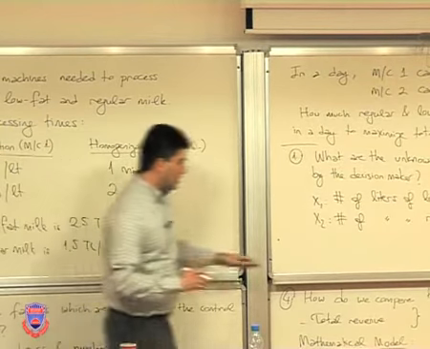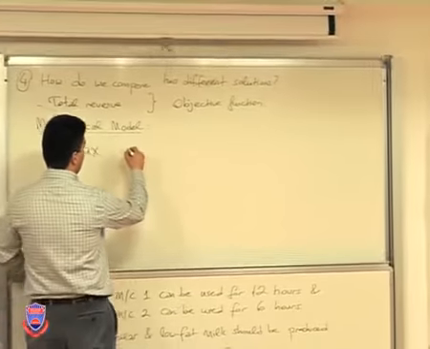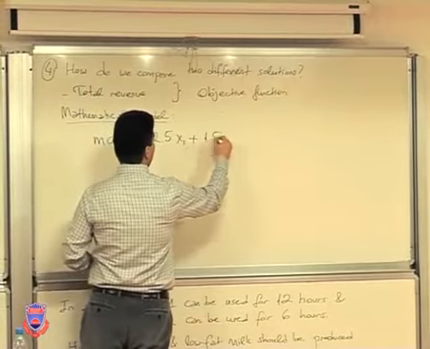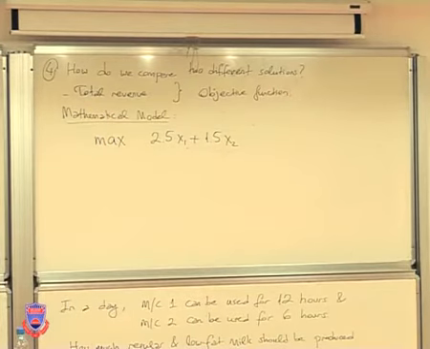So I can write my objective function in the following way. I want to maximize 2.5 times x1 plus 1.5 times x2. This is precisely the formula for total revenue, provided that you produce x1 liters of low-fat milk and x2 liters of regular milk. Is that clear?